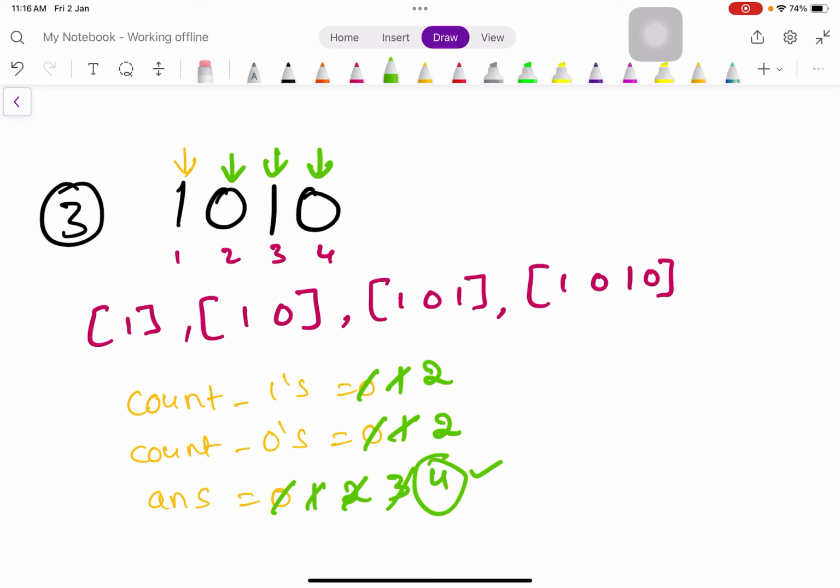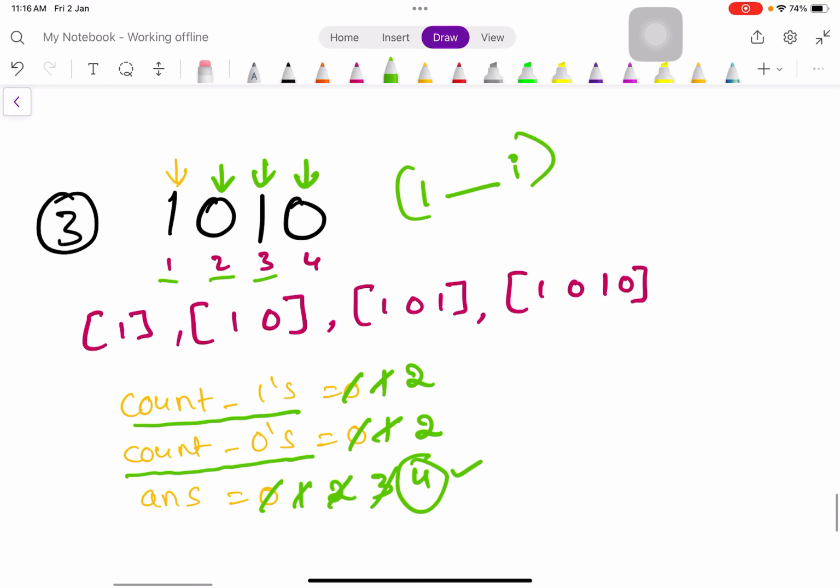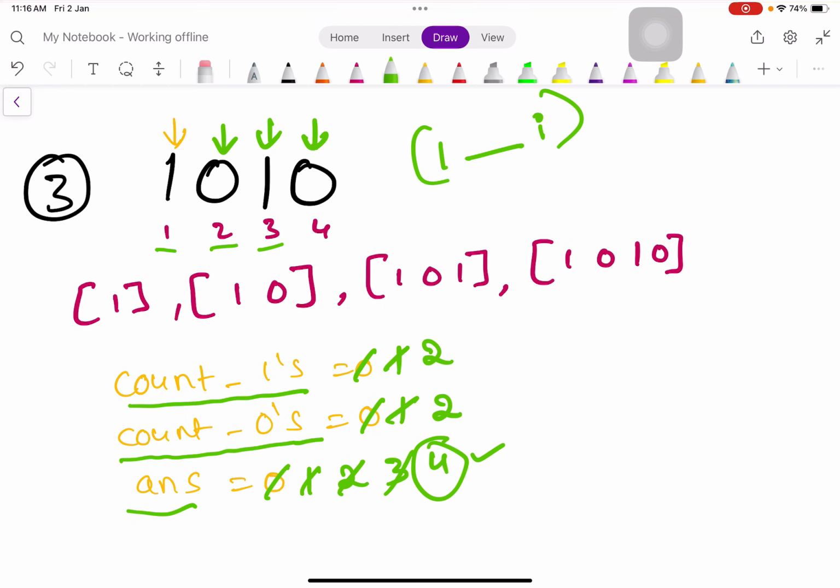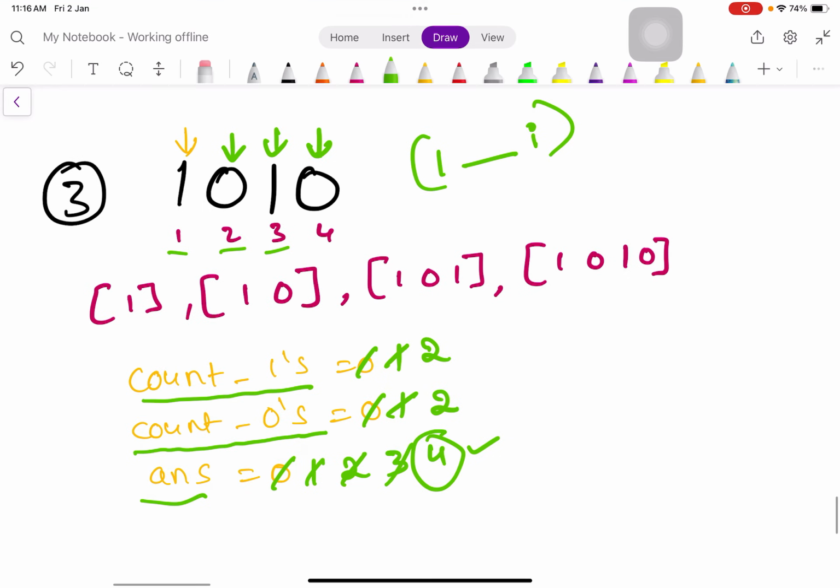I am traversing the binary string linearly, considering every index and checking, from 1 to that particular index, whether the count of ones is greater than or equal to the count of zeros or not. In this way, I traverse the whole binary string. If it is possible, then I increment my answer. If the count of ones is not greater than or equal to the count of zeros, then I won't increment my answer.